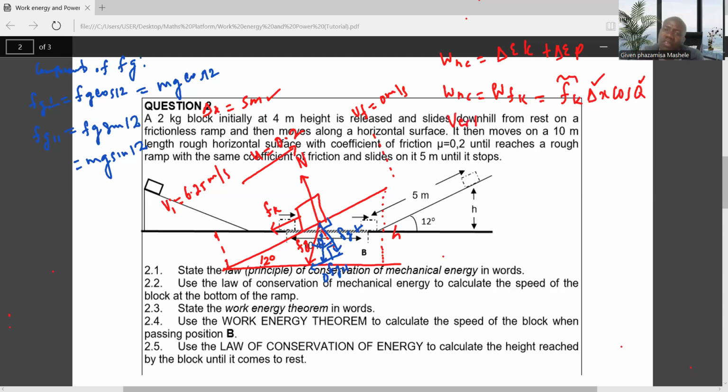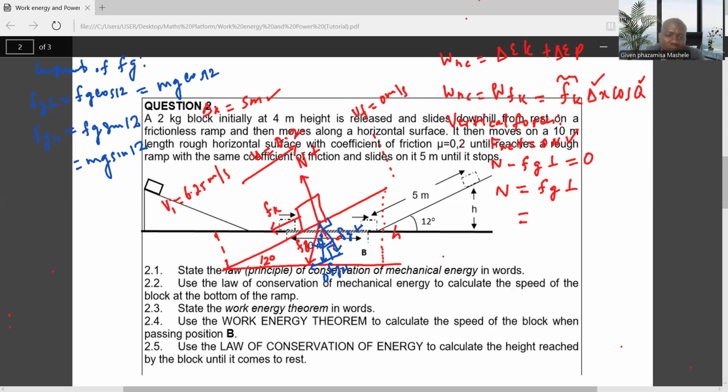Forces that are in equilibrium always have a net force of 0. They are balanced. So the net force perpendicular to the incline is 0, because the object is not moving in that direction. Normal is positive, Fg perpendicular is negative. So normal minus Fg perpendicular is 0, so normal equals Fg perpendicular.